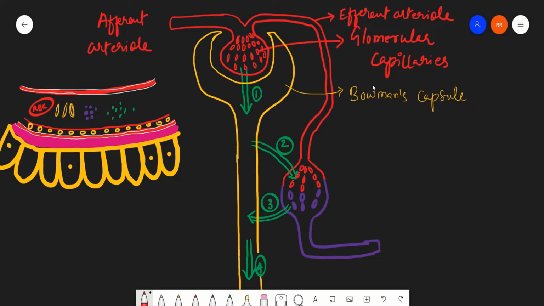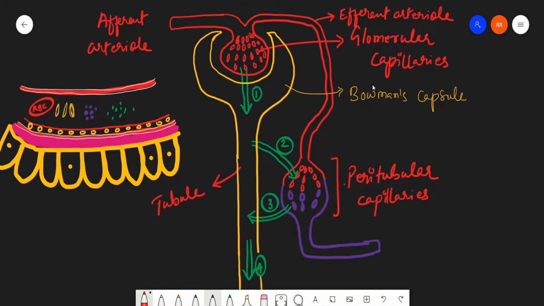This part is your proximal tubule, or you can just call it the tubule commonly. It is divided into the proximal tubule, then the loop of Henle, and then the distal convoluted tubule. And the part which I have drawn here is known as the peritubular capillaries.